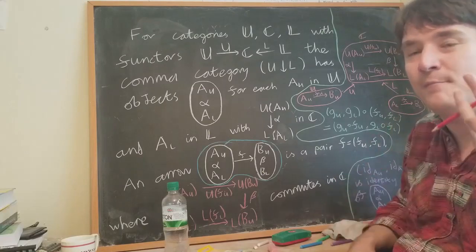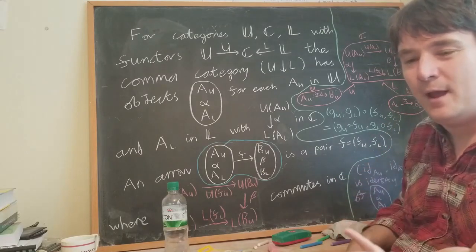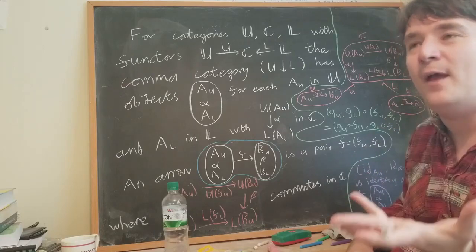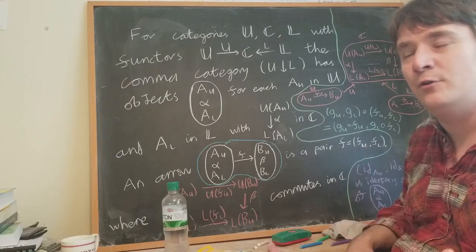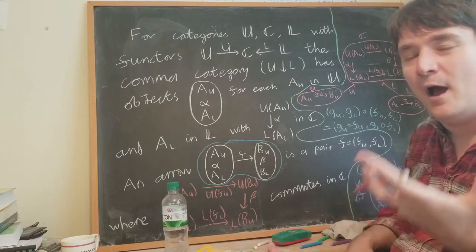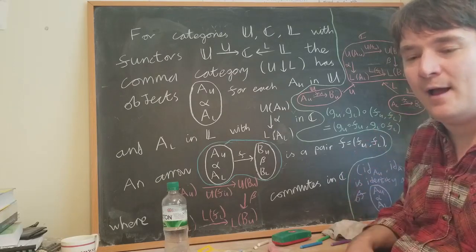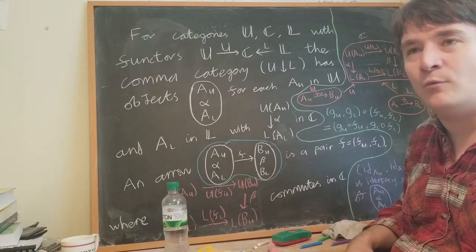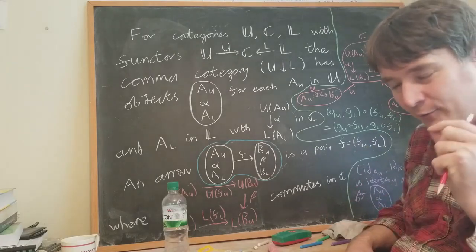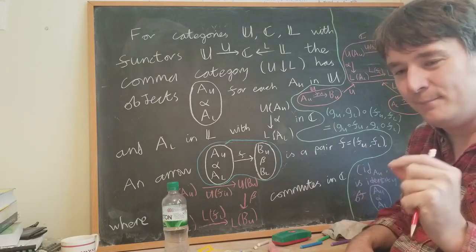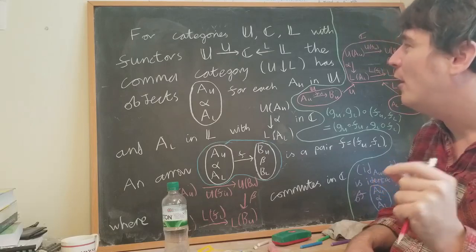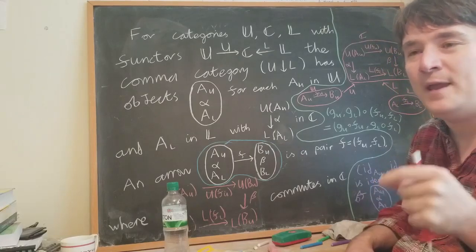Some people say it's the most important idea. And so we want to get a good understanding of what this property means. In particular, there's a way we can get a really succinct definition of what a universal morphism is.